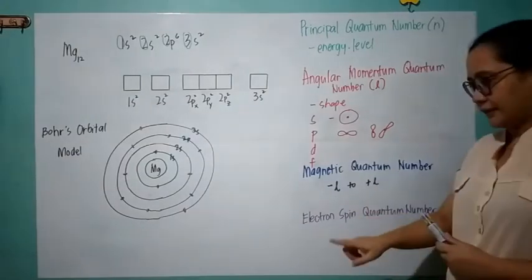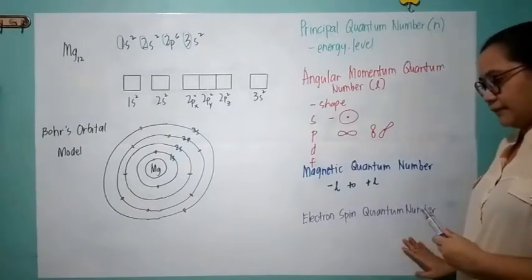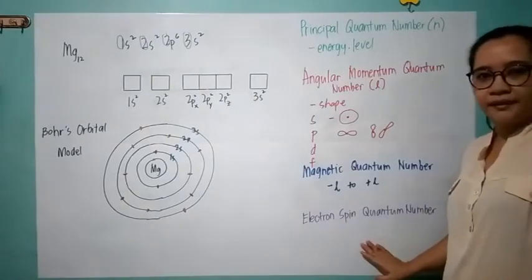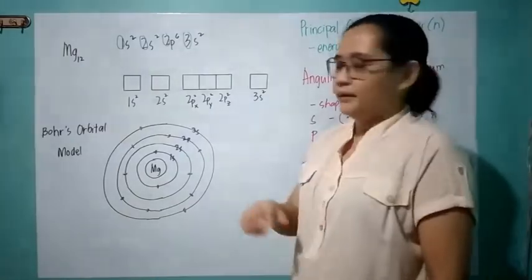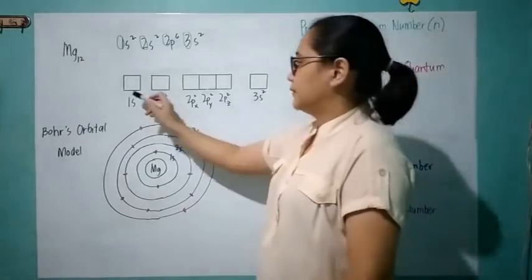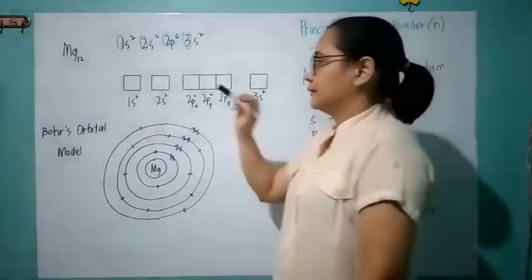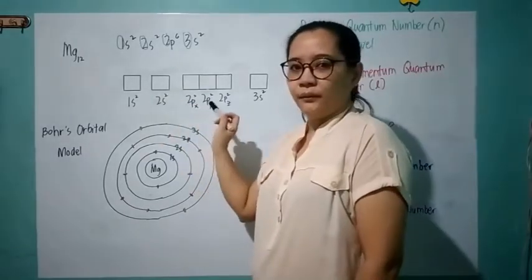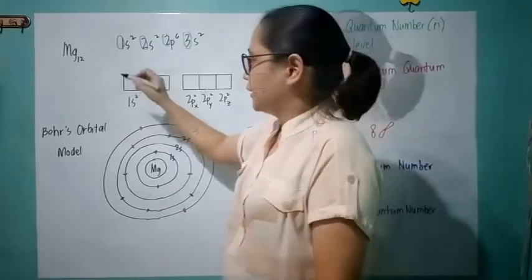And for electron spin quantum number, this is based on Pauli's exclusion principle. For example, for magnesium, we have 12 electrons. These squares represent the orbitals. These orbitals will hold a maximum of 2 electrons.